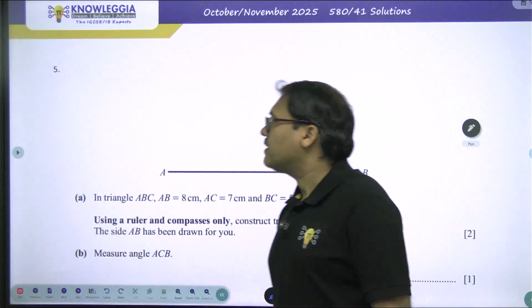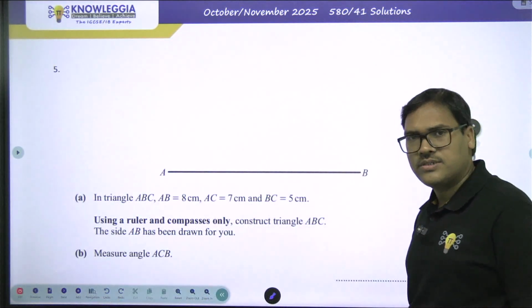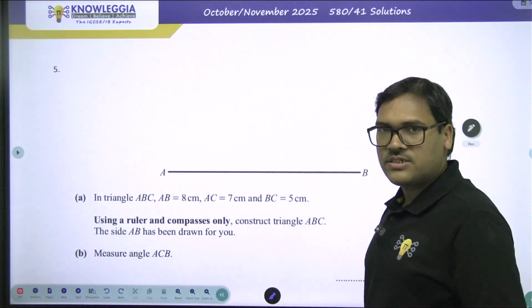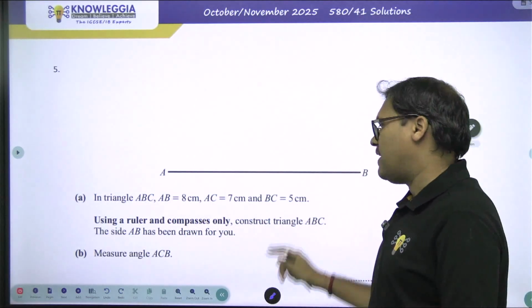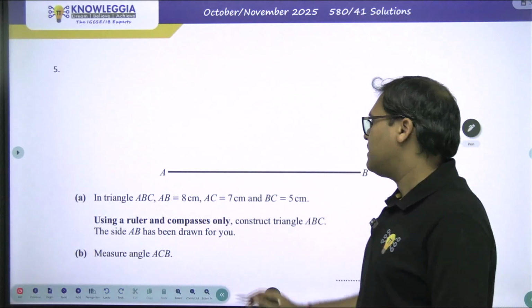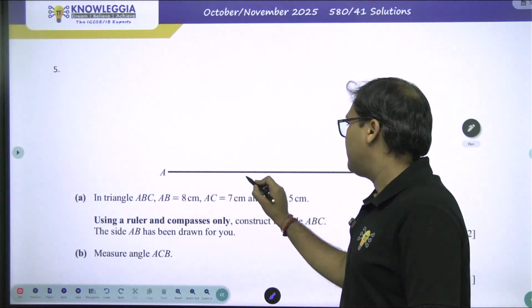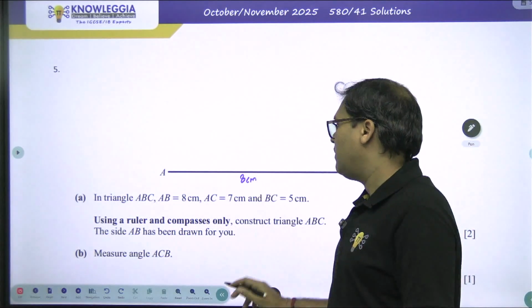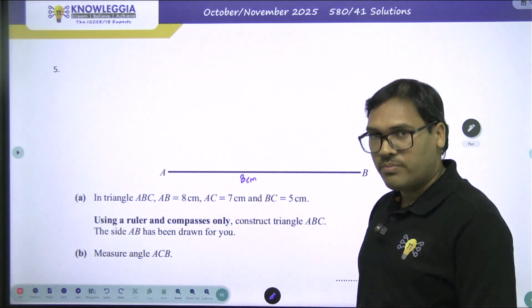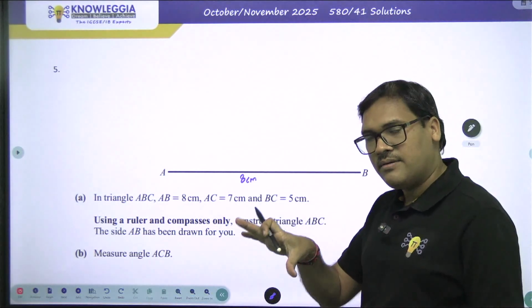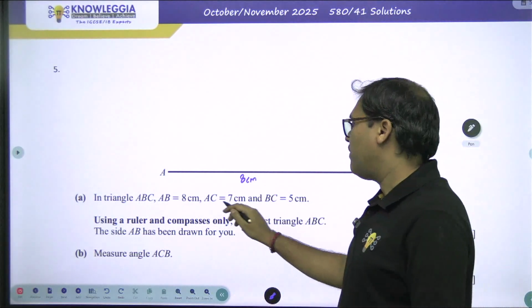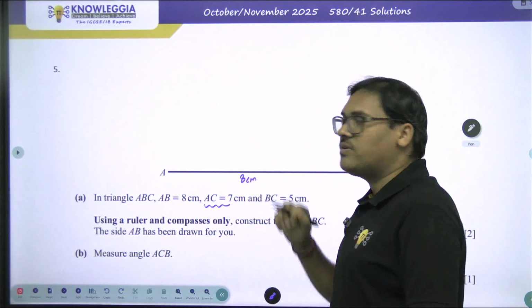Right? Next question. A question on scale and geometrical construction. Here you can see AB is given to you, AC is 7, BC is 5. You have to complete the triangle. AB is given, this is 8 centimeters. Now AC is 7. So how will you mark this? You take a compass and mark an arc of AC length, which is equal to 7.